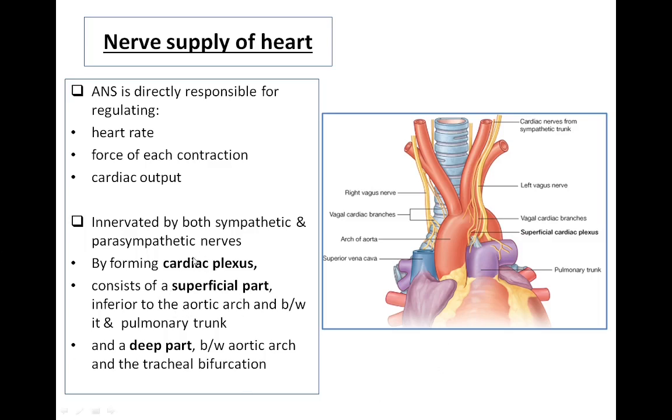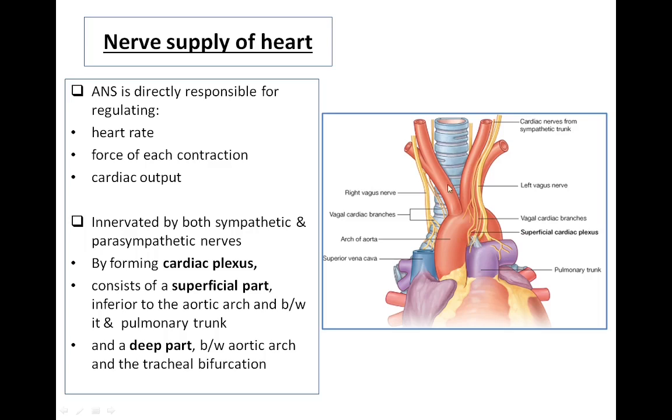So they form the cardiac plexus, which consists of a superficial cardiac plexus and a deep cardiac plexus. The superficial part lies inferior to the aortic arch, between the pulmonary trunk and the inferior aspect of the aortic arch. The deep cardiac plexus lies between the aortic arch and the tracheal bifurcation.